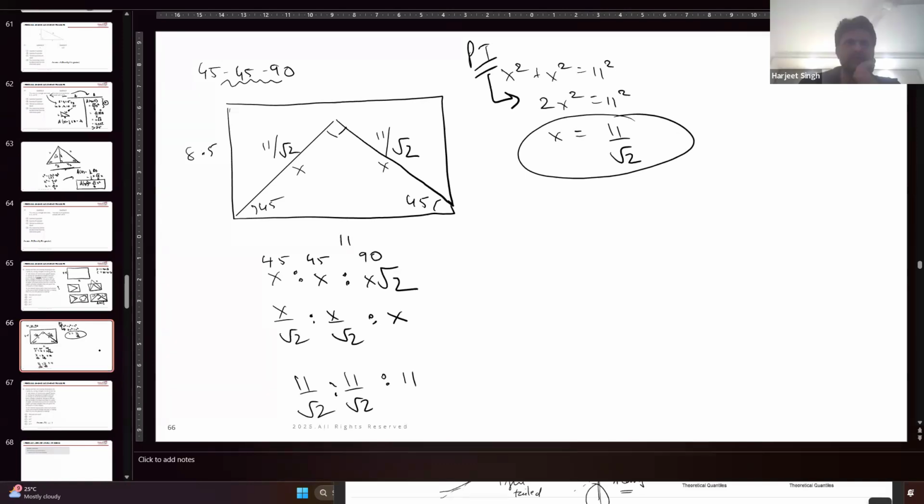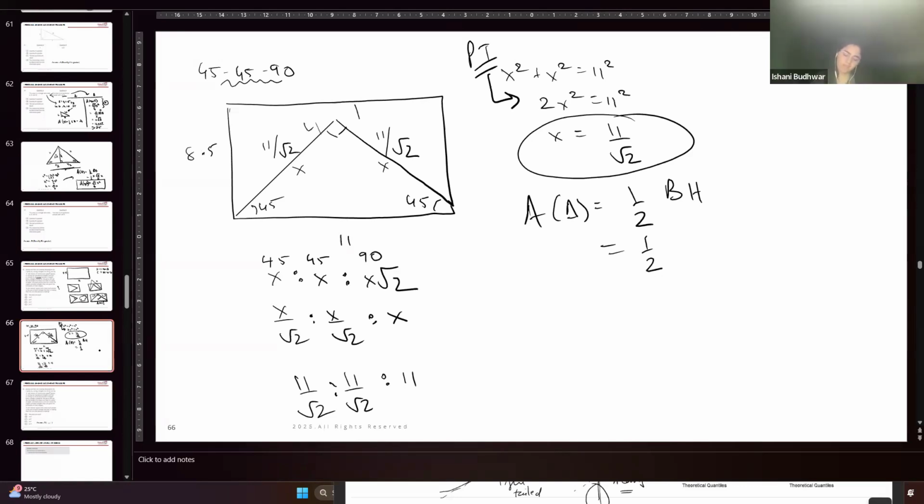So what is the area of this triangle? Half into base into height. And both base and height are the same. So the legs L1 and L2. So half into 11 by root 2 into 11 by root 2.